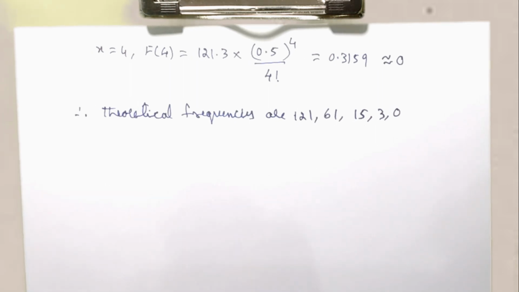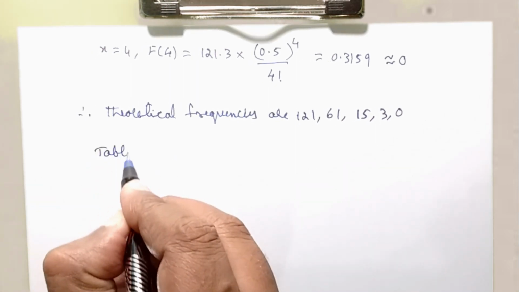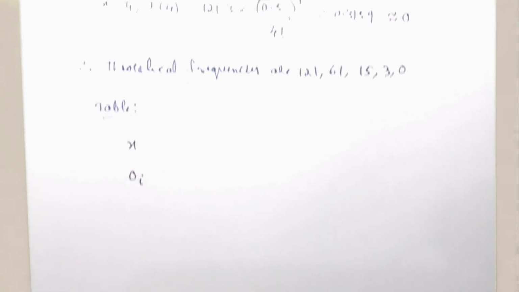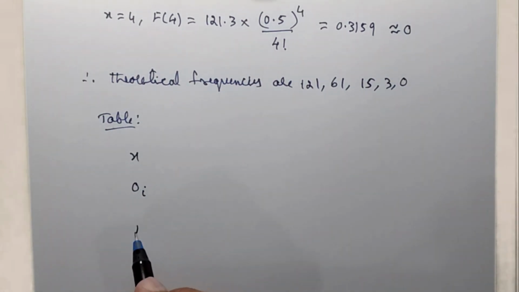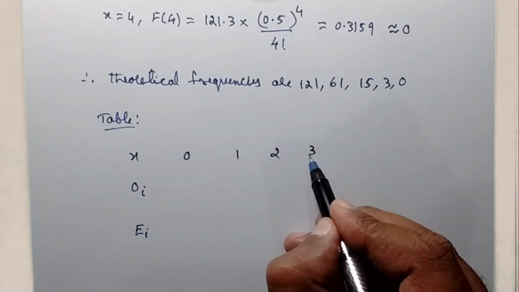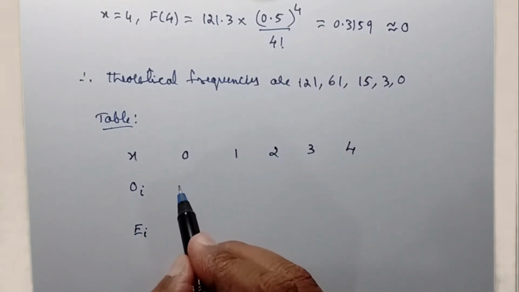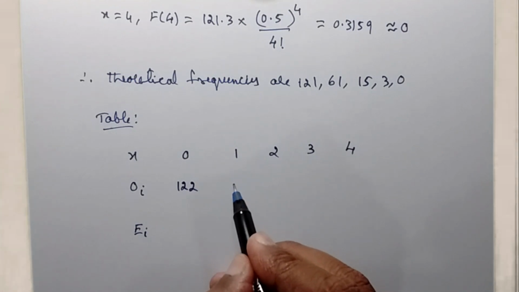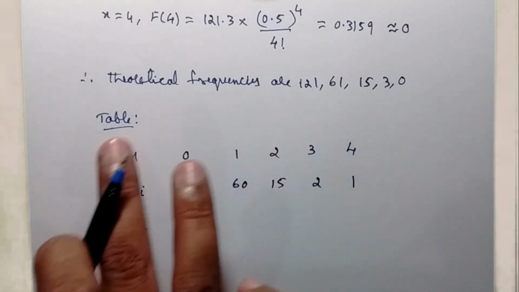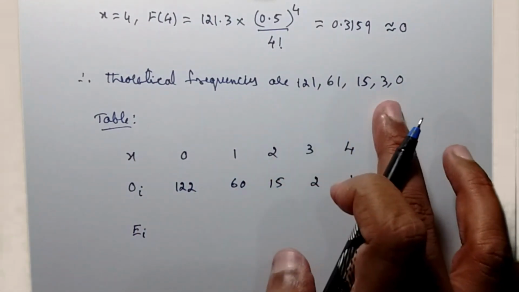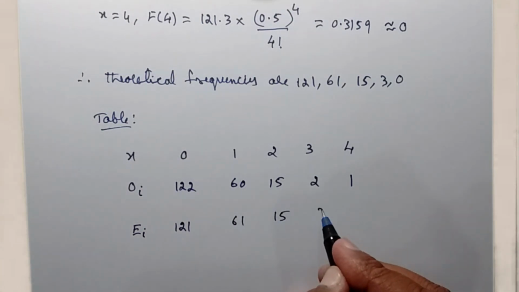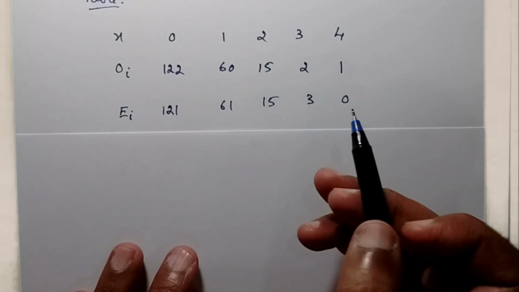You have the x values 0, 1, 2, 3 and 4, and the observed frequencies from the table itself: 121, 60, 15, 2 and 1, already given in the question. Now the expected frequencies are the values that you have calculated: 121, 61, 15, 3 and 0.